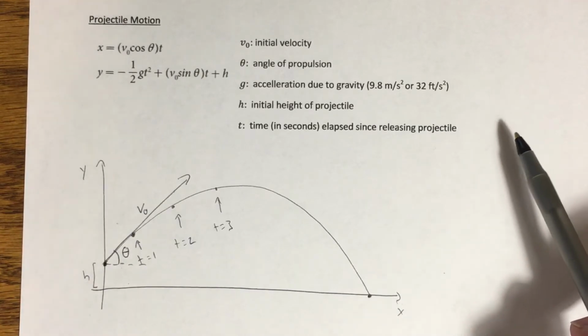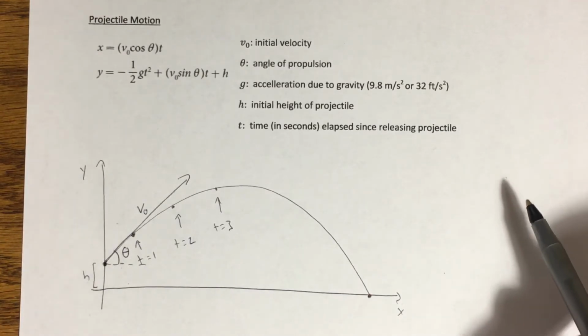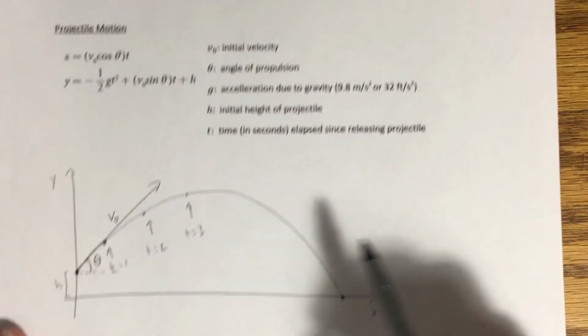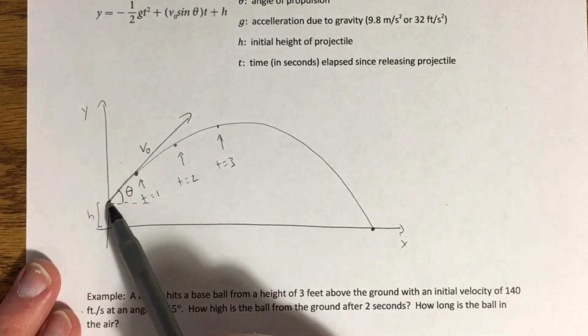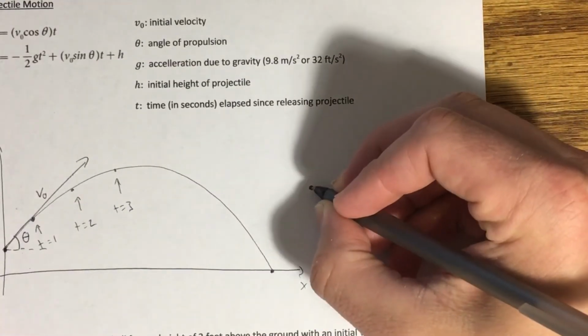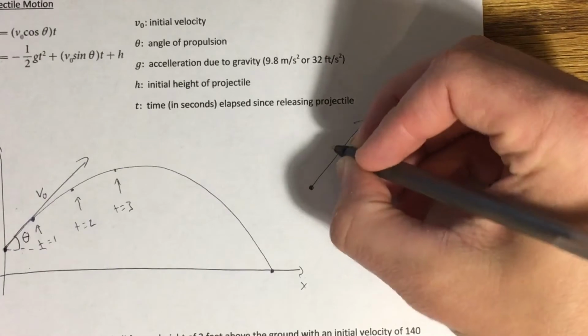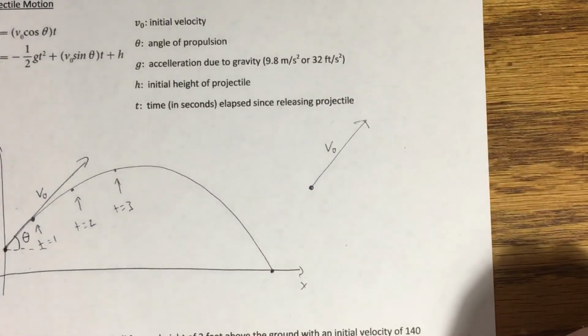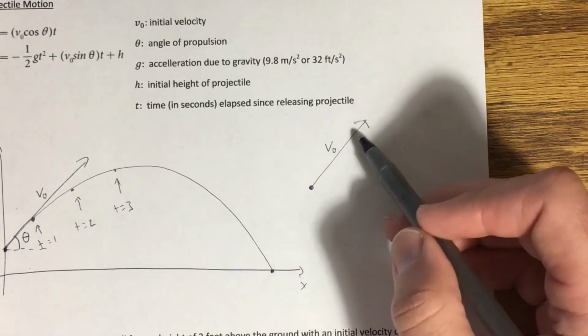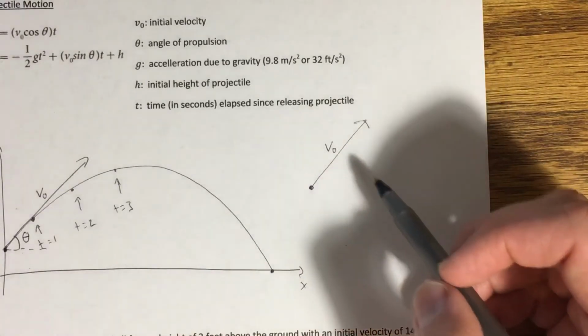So to give you a little intuition as to where these equations come from, let me take this initial position of our projectile and redraw it over here. So again, we have the initial velocity v naught, and this can be represented by a vector, which is something we'll talk about in 10.8, the next section.